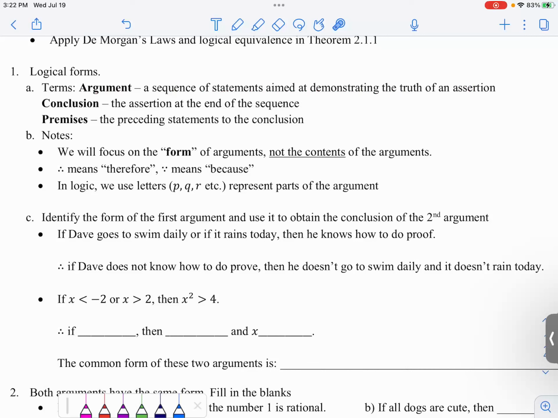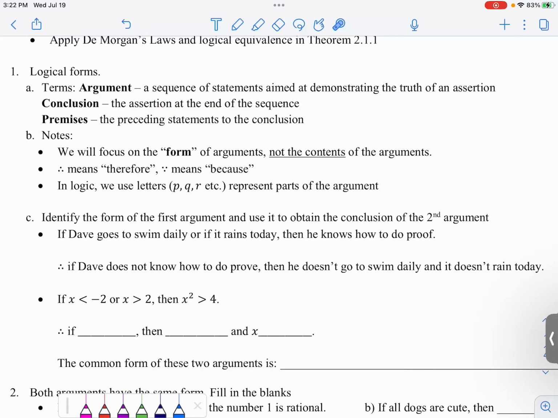And in future sections, we'll also learn more about valid and invalid forms of arguments. Conclusion is the assertion at the end of the sequence. And premises are the preceding statements to the conclusion. So all the statements before the conclusion, that's called premises.